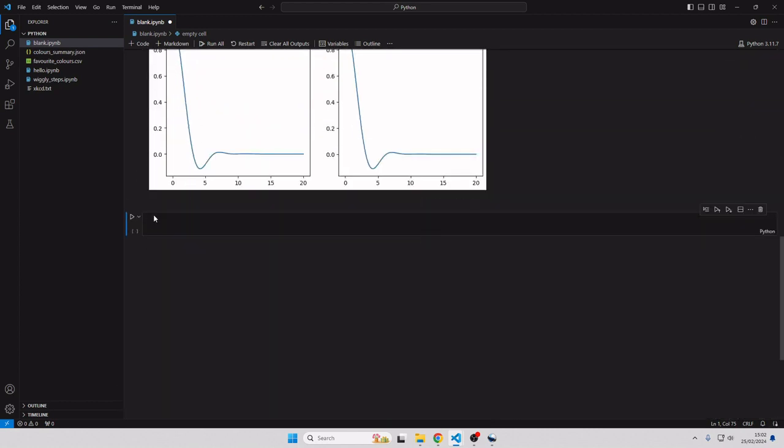Okay, but let's try and calculate these integrals. So I'm going to define an integration function. This is going to find the integral of g from 0 to infinity.